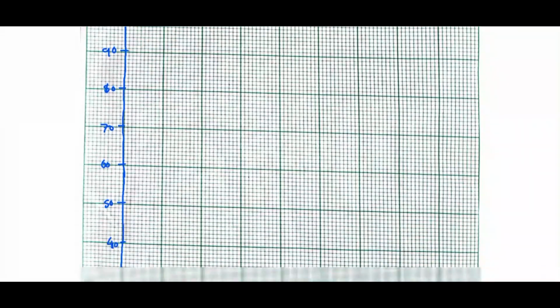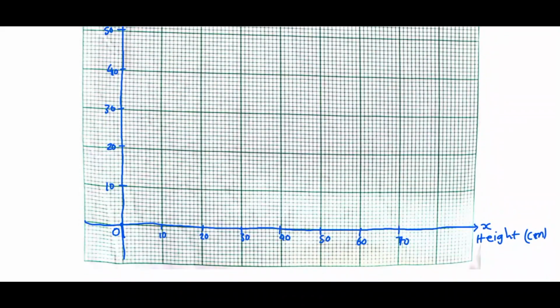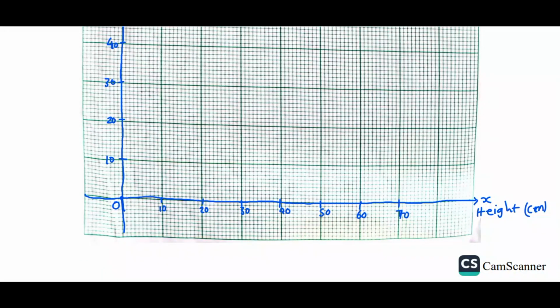Okay, so we have the numbers now. Before we start plotting, maybe let's do this. We know that 2 centimeters represent 10 units on both axes. So for the 10 units you divide by 10. Always you divide by 10. So 10 divided by 10 is 1.